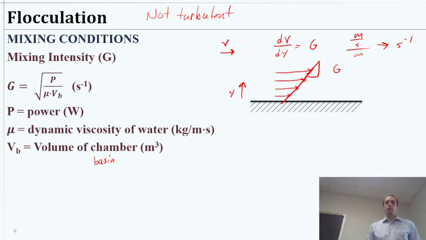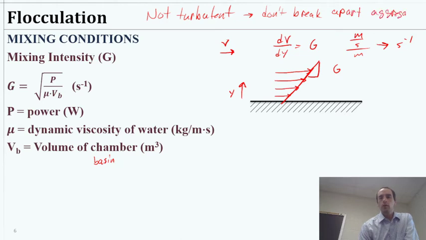If we're not in turbulent mode, then that assumption means that we're not going to break apart the particles, or the aggregates that we're forming. Okay, so assuming we're not breaking apart the aggregates, then the more intensely we mix, the better, in the sense that the particles are going to contact each other more often.